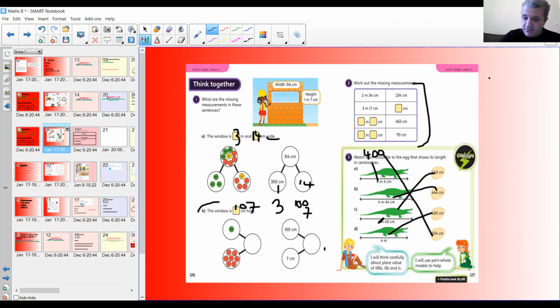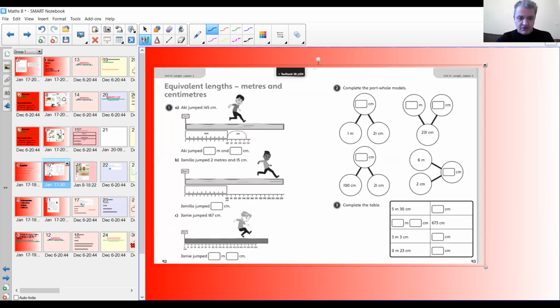And the equivalent to 4 metres and 40 centimetres is 440 centimetres. And 4 metres is exactly the same as 400 centimetres. Okay, so they're the equivalents. Hopefully, this shouldn't be too difficult.